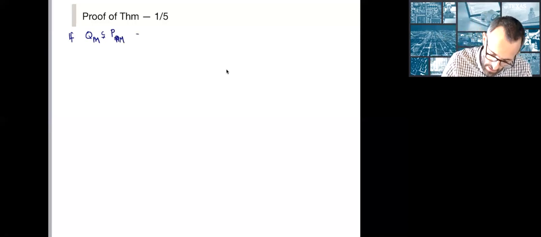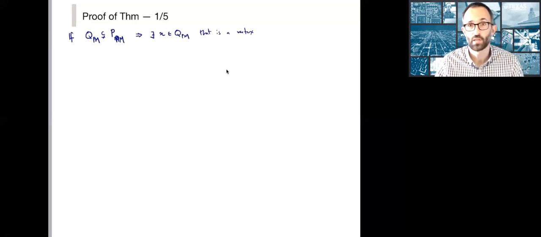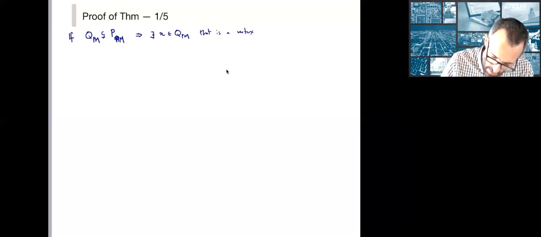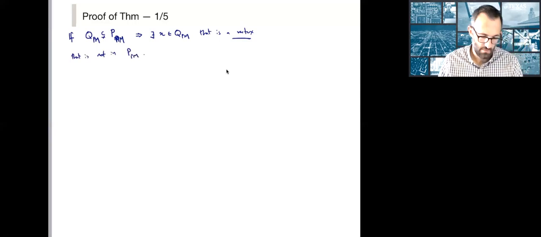Well, that means that there exists some x in QPM that is a vertex, because we're dealing with polytopes. If one polytope is not contained in another, there must be a vertex of that polytope that's not contained in the other. So there exists some x in QPM that is a vertex of Q that is not in our perfect matching polytope.